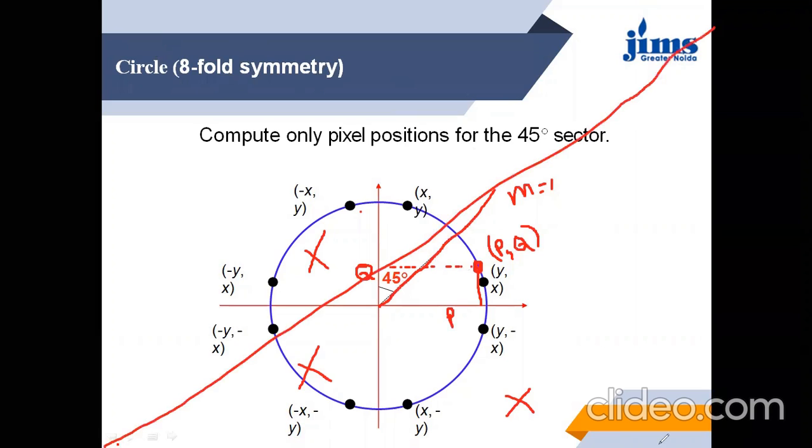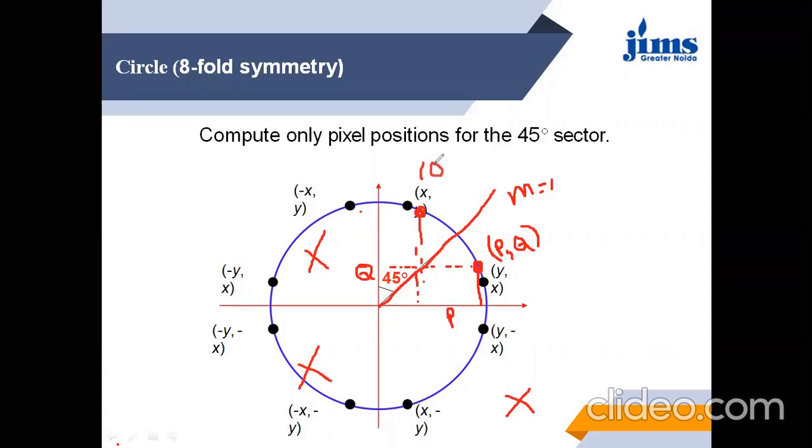This is the same thing I am doing over here: I am dividing this, means I am folding this. So the reflection of this point will be here, and the values will be Q and P. Means both the values will be reversed.